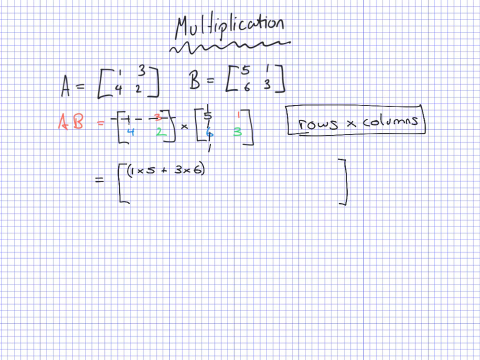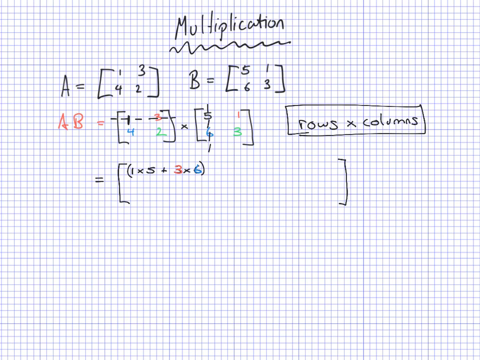All right, so notice that it's the two black numbers multiplied together plus a red number, the 3, and the number directly below it, which is the 6. Okay, so it's rows by columns. Now, that's the top left.